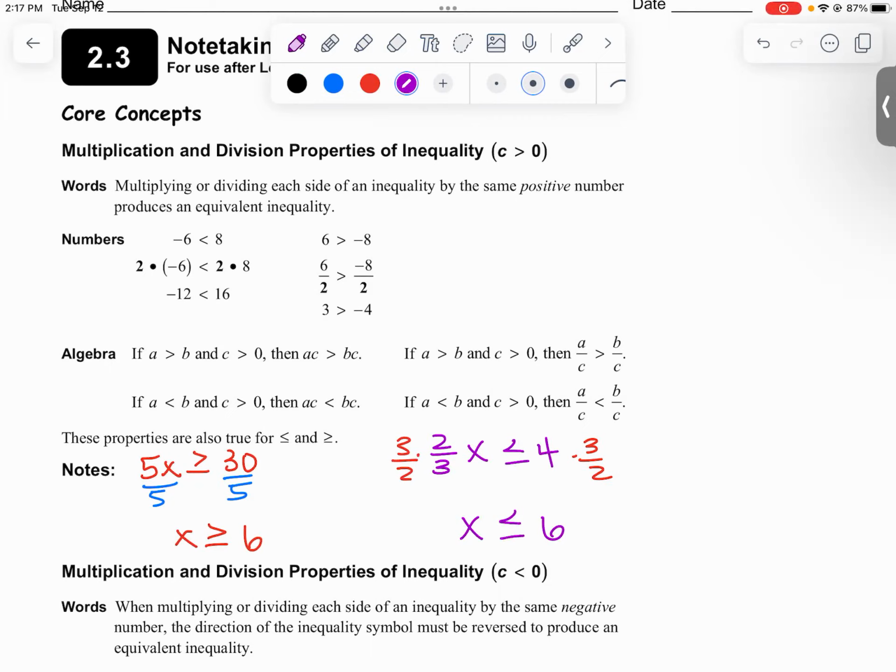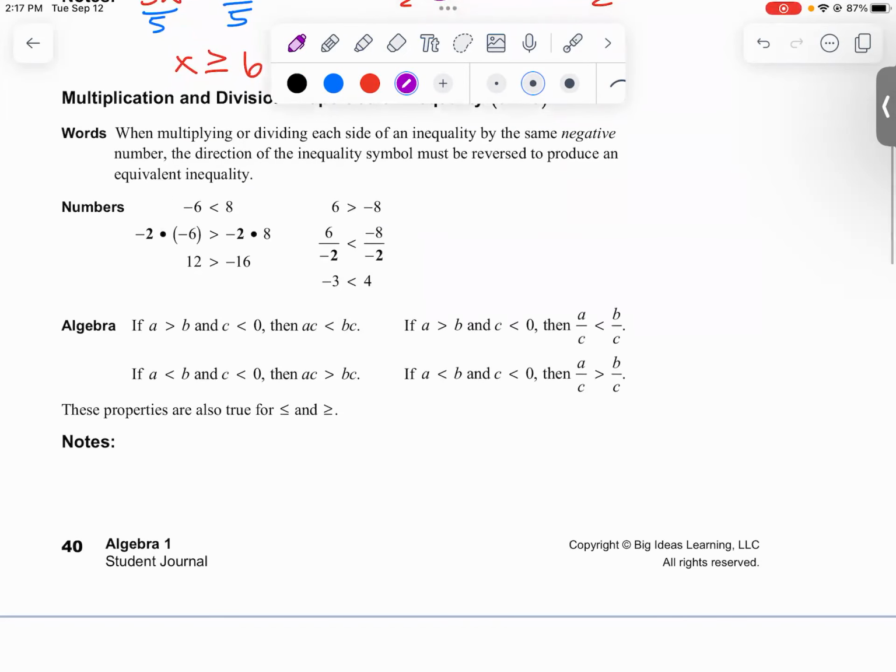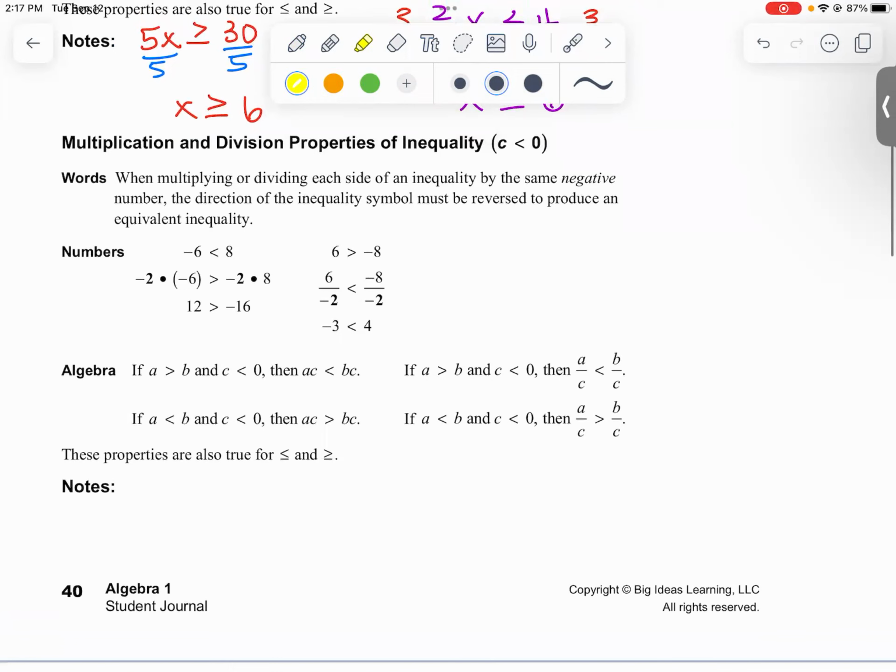Okay, so now, in addition, we are talking about how if we multiply or divide by a negative, then our sign is going to switch. Notice how here we have -6 is less than 8. We multiply by a -2, and so now our inequality switches. So that's something that we are going to have to do when we divide or multiply by a negative.